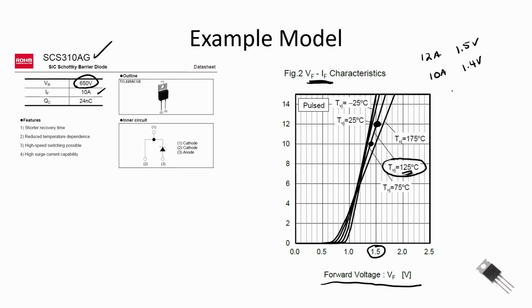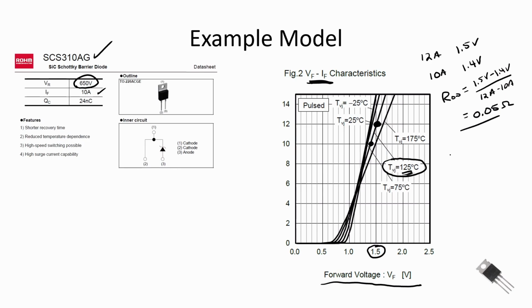Based on those 2 points, we can find R on. And so our R on is going to be 1.5 volts minus 1.4 volts all over 12 amps minus 10 amps. And if you do the math on that, that should give us an R on of 50 milliohms. Okay? So we've got our R on.